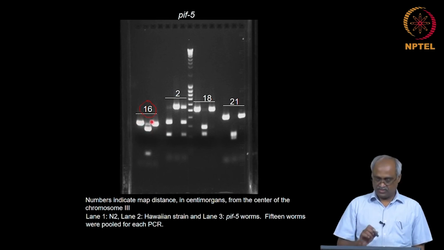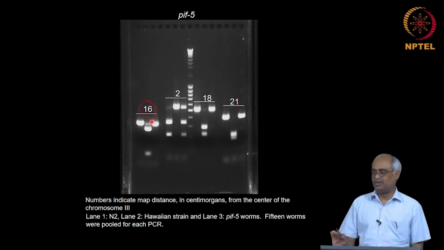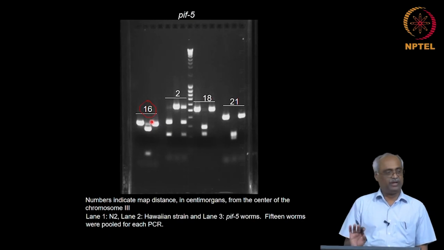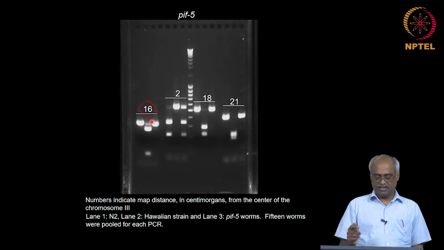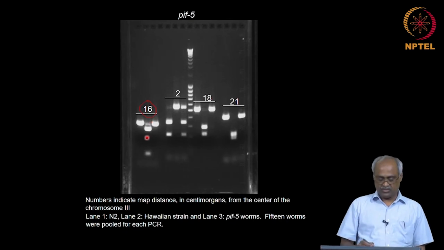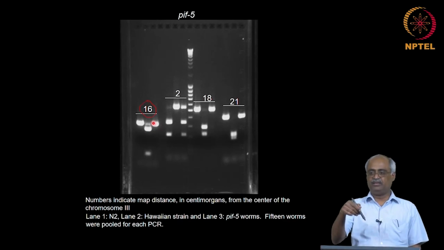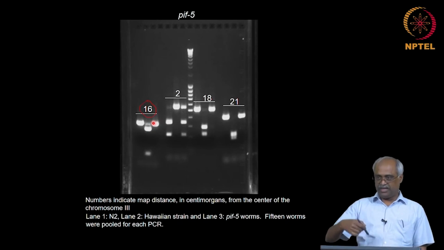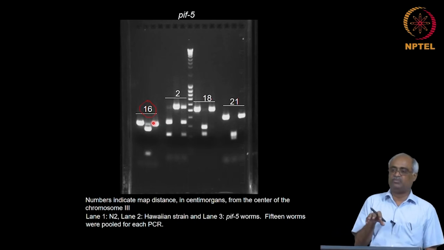Now, this one is Hawaiian strain, it is not crossed with anything, it is a pure breeding Hawaiian strain. PCR and digested, it has a restriction site closer to one end, so it gets cut into 2. Okay. Now, this is my mutant after crossing with the Hawaiian and F2. In F2 I have picked only the worms that show my mutant phenotype.